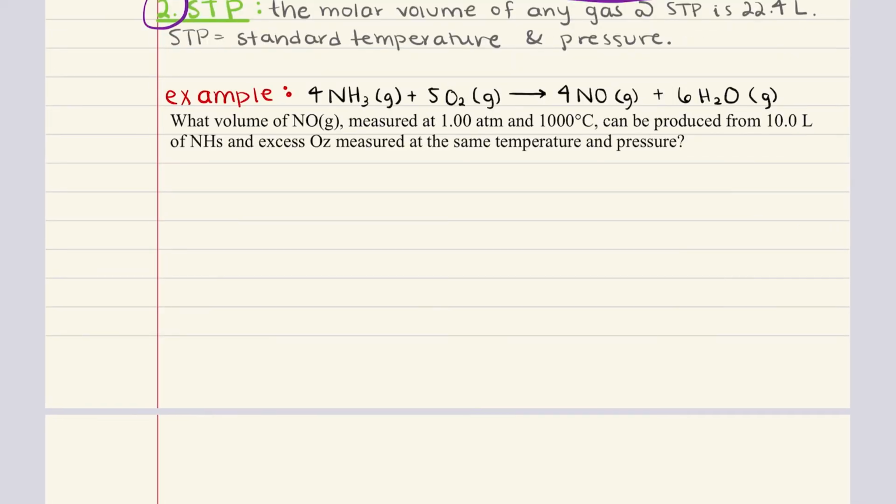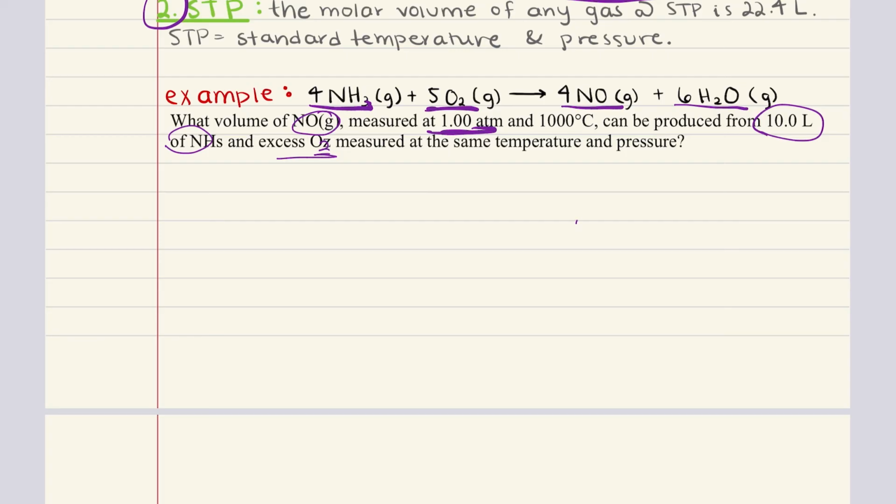We have 4 NH3, 4 ammonias, plus 5 oxygen gas, gives us 4 NO plus 6 waters. What volume of NO gas measured at 1 atmosphere and 1,000 degrees Celsius could be produced from 10 liters of ammonia and excess oxygen measured at the same temperature and pressure?